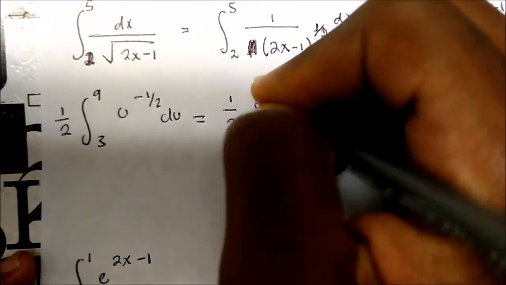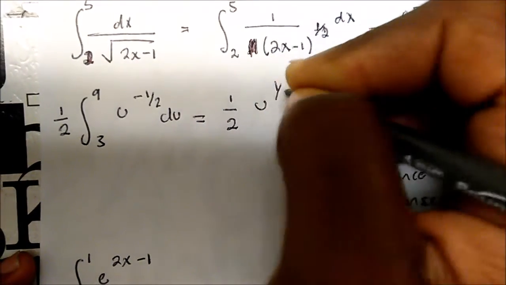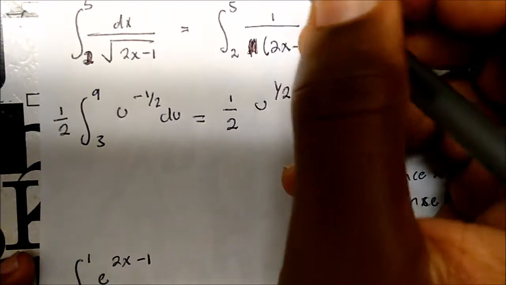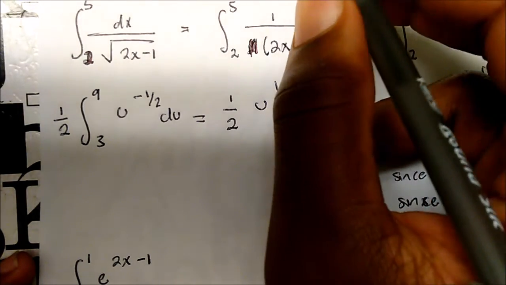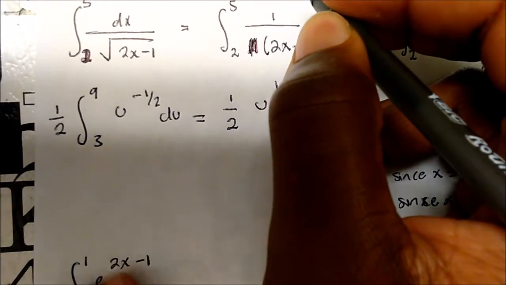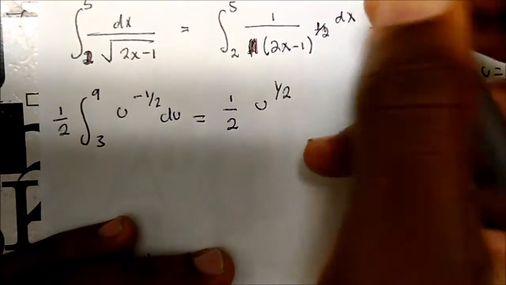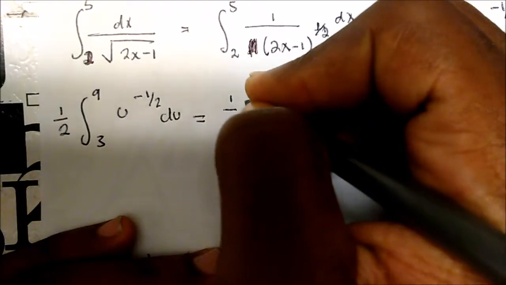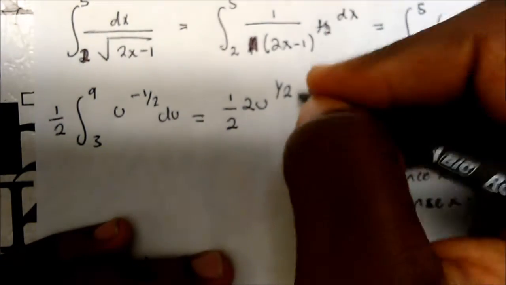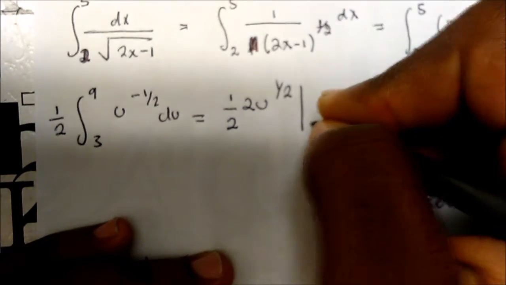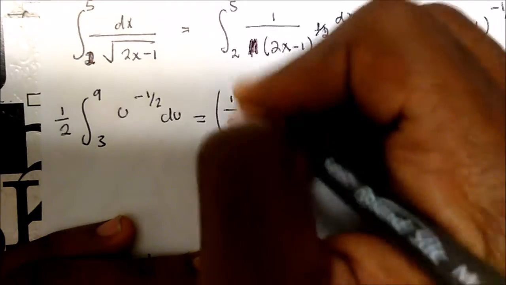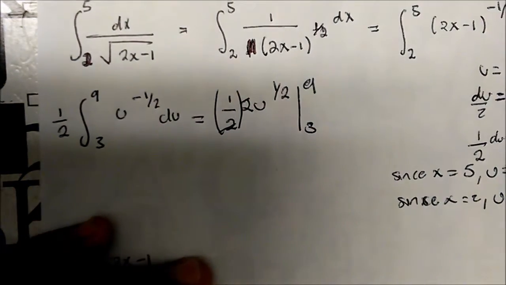So this is 1/2 u to the 1/2, and I'm going to divide this by 1/2. But because I do not want a complex fraction, I'm simply going to take the reciprocal of 1/2 and multiply by 2 instead. All this will be evaluated from 3 to 9. Notice that these are being multiplied, so these two could cancel here.